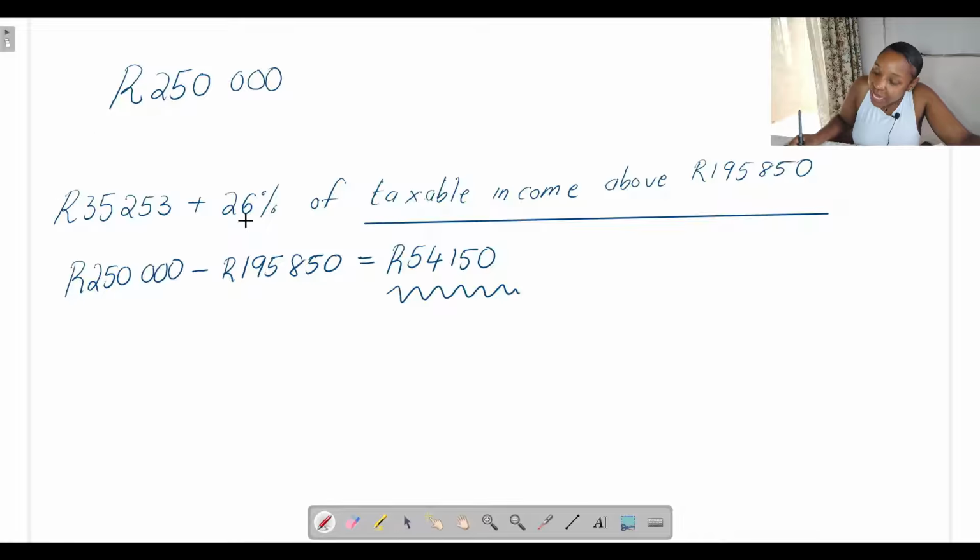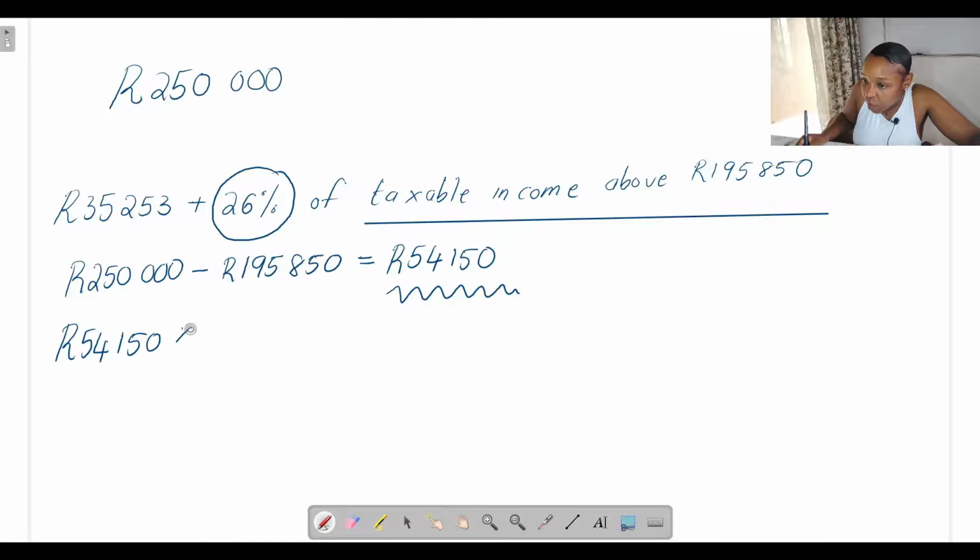From that 54,150, we would then need to get 26% of it. All you do is take that 54,150 and multiply it by 26, and divide it by 100. Or you can just multiply by 26%.